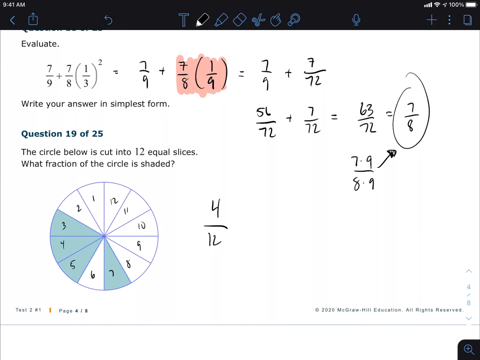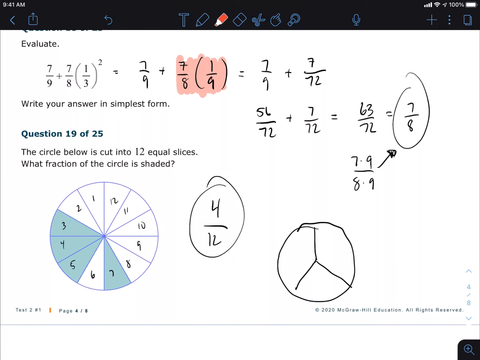So they say what fraction of the circle is shaded. So they're not asking us to reduce here. The circle has 12 parts to it. 4 of those parts are shaded. This is the answer. It's not asking you to reduce it, because if you reduced it, it would totally change what the problem meant. Does that make sense what I'm saying? If you reduced it, it would become 1/3, right? But if you do 1/3, 1/3 is going to look like this.